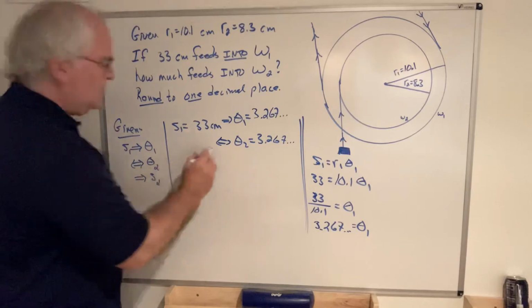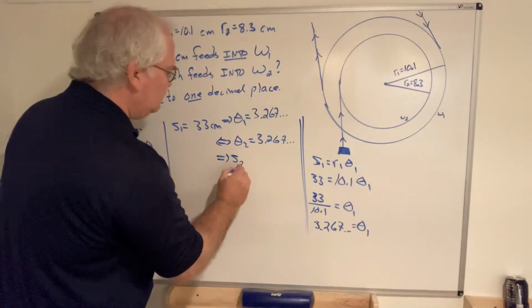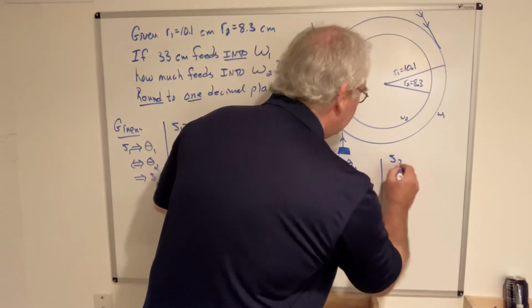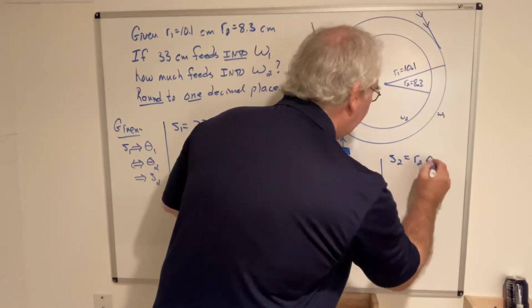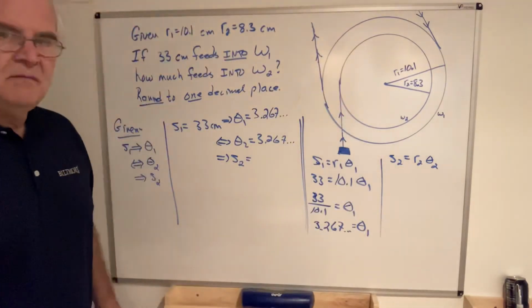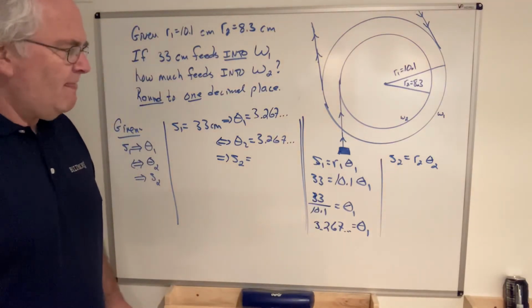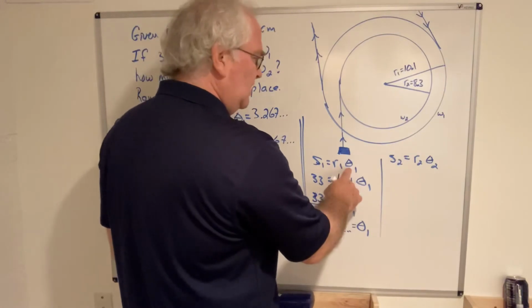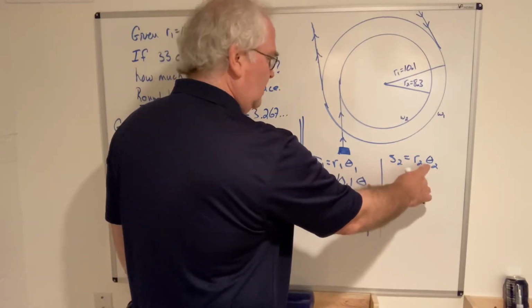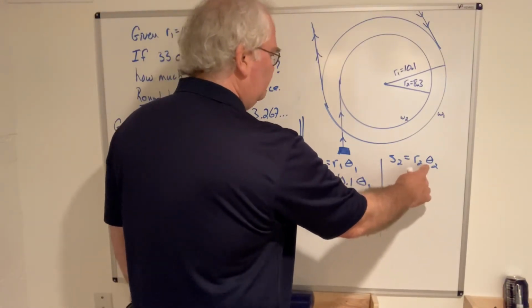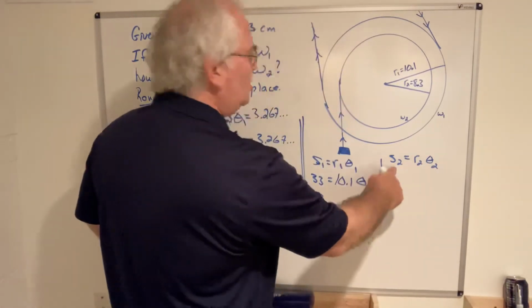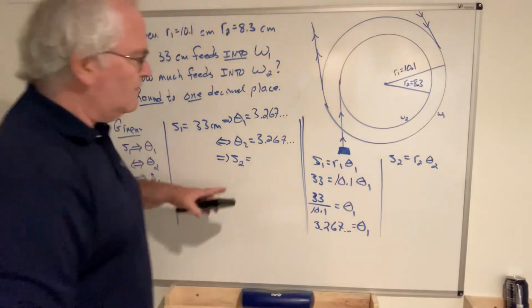Leave those numbers in the calculator. And then the last piece is we're going to find S number 2, because we know S2 is equal to R2 theta 2. Some people prefer to represent the angle, instead of using theta, they prefer D. If you prefer R2 D2, that's fine by me. Okay, so S2 is what we're looking for.